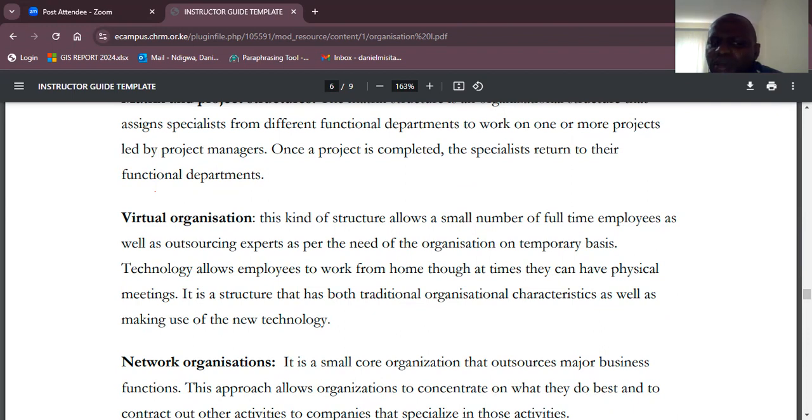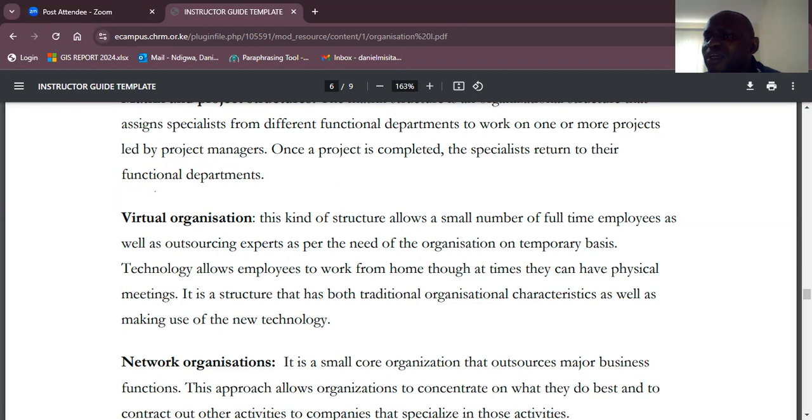And remember, the virtual organization has been there for a very long time. One of the things that has led to it is the implementation of technology. Technology is no longer a dream but a reality to most organizations, and organizations nowadays are capitalizing on how they will embrace more technology in their day-to-day activity.